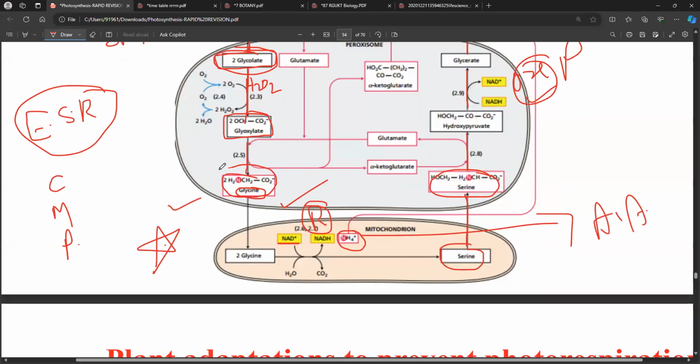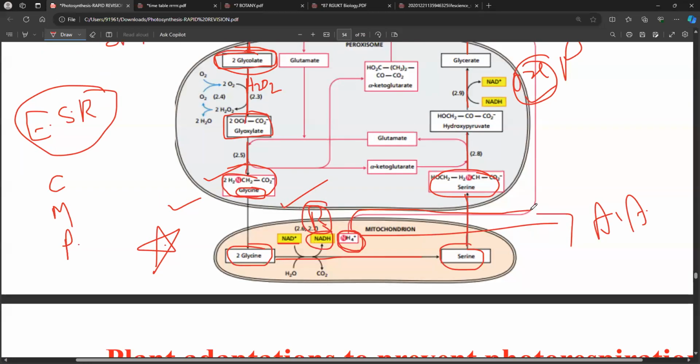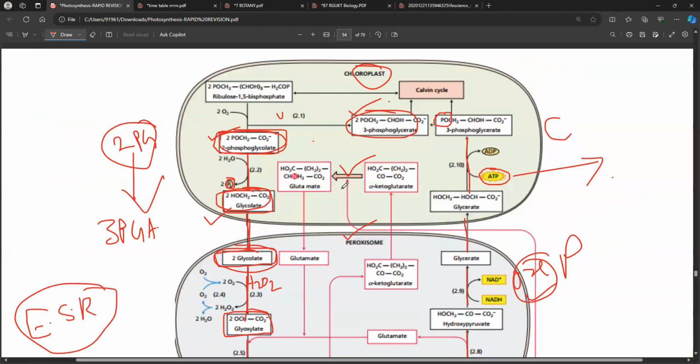Glyoxylate is converted into the optically inactive amino acid glycine. From the peroxisome, glycine enters the mitochondria. Glycine is converted into serine. When glycine is converted into serine, there is a production of NADH and release of ammonia.